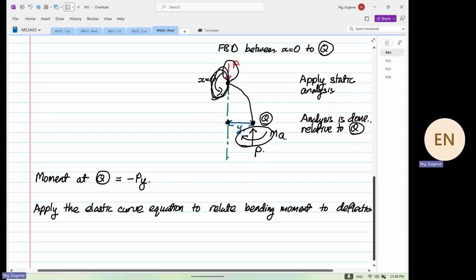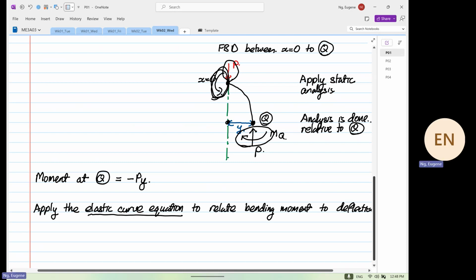Now, question, have you all seen the elastic curve equation before in math? You probably learned this last term when I was teaching you 2Q, yes or no? You all recall or no?